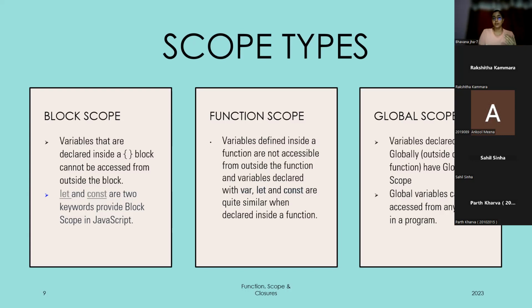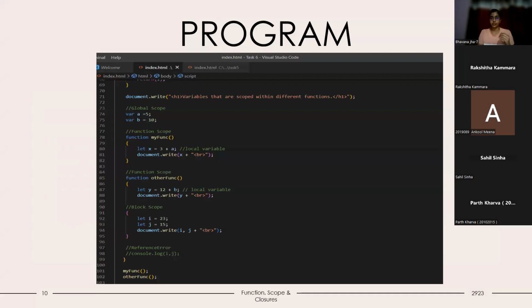So let's move on to my demonstration. Here I create a global variable a as 5 and a global variable b, where we initialize the value as 10. I create two functions, myFunction and otherFunction, in which I declare the variable x and access the global variables a and b.